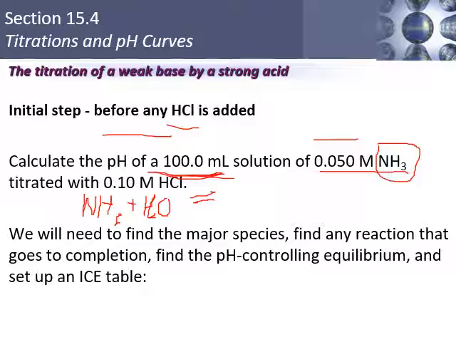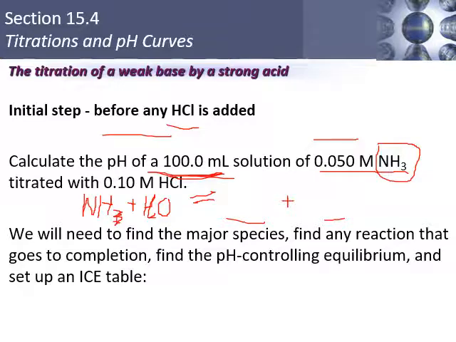Okay, now let me go back and try to fix this a little bit, if I can. That's a little better. All right. Now tell me what's going to happen to the NH3 when it reacts with water. In other words, what am I going to write right here and right here? So think about that for a second. Well, this is a base, right?